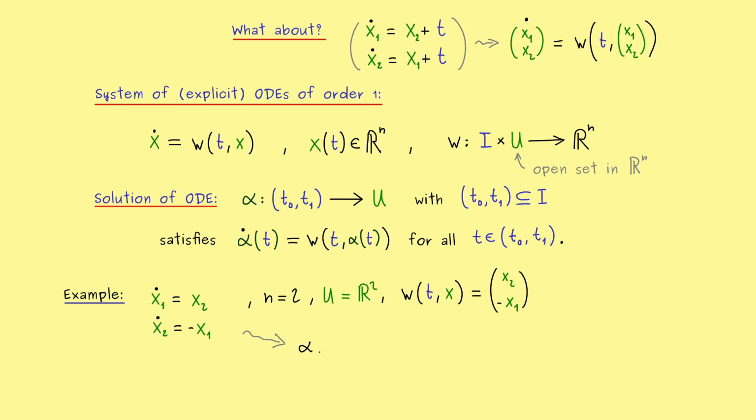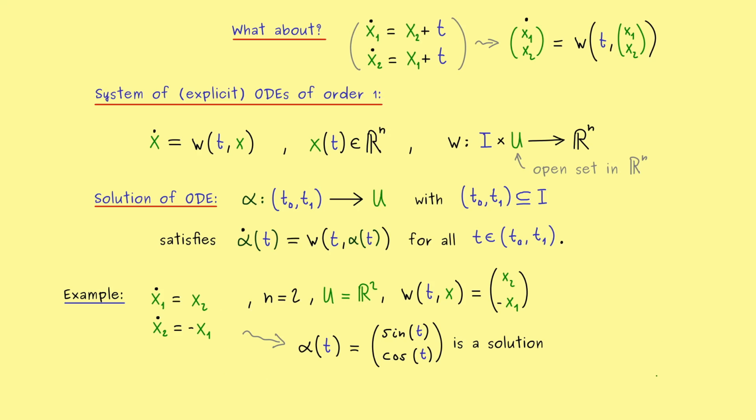Indeed, I know sine and cosine functions fulfill something like that. In fact, alpha of t equal to sine of t, cosine of t does the job. Simply because we know the derivative of sine is the cosine and the derivative of the cosine is minus the sine function. Hence, we immediately have a solution of this system of ODEs.